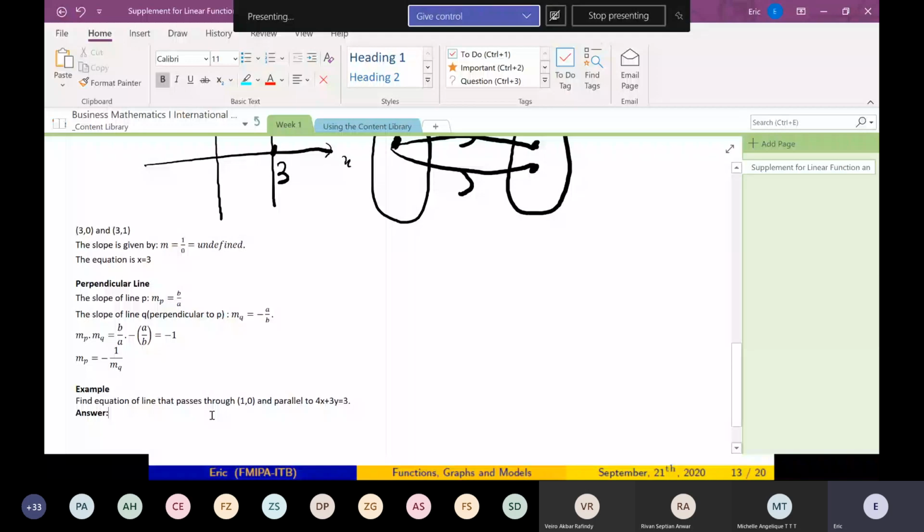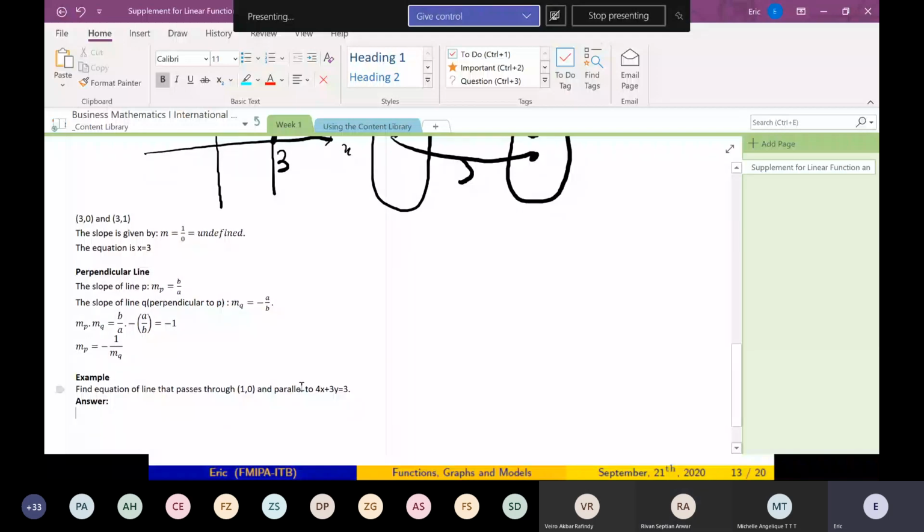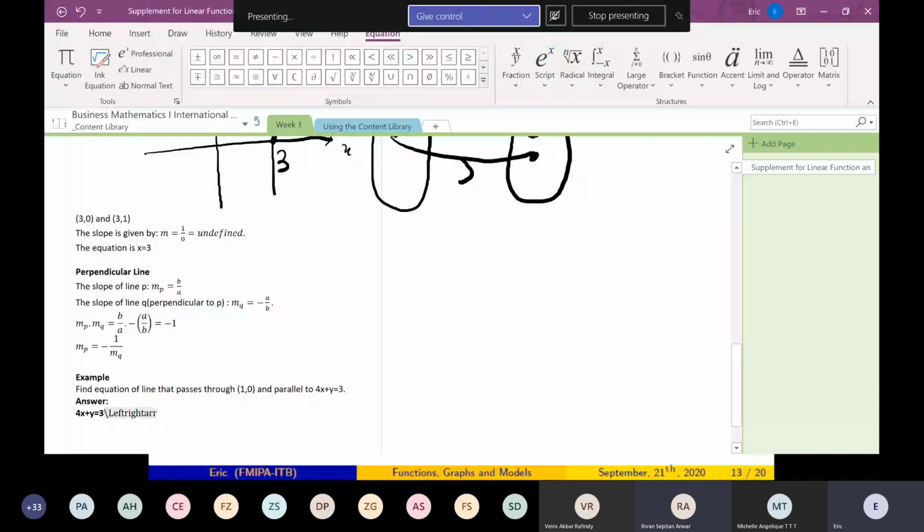So if you look carefully, this is the equation of a line also, but you have to switch this. Maybe to make it simpler, I will use 4x plus y equals 3, which is the same as y equals minus 4x plus 3.